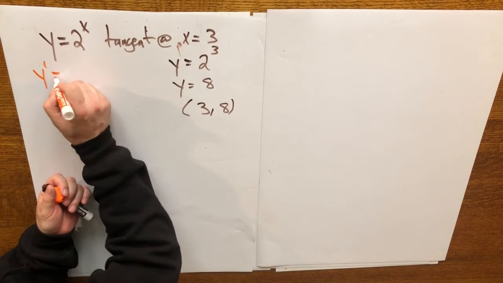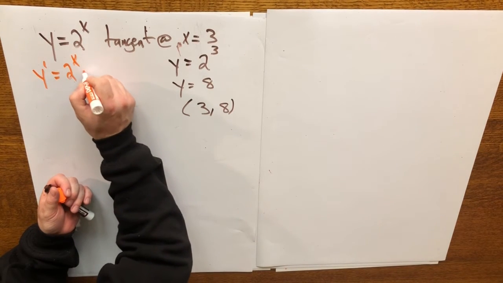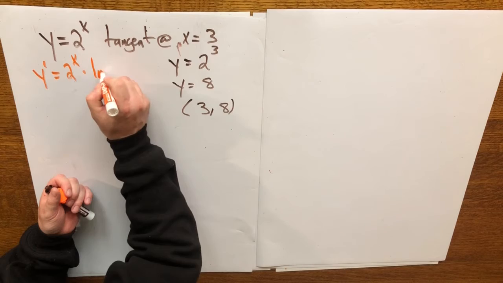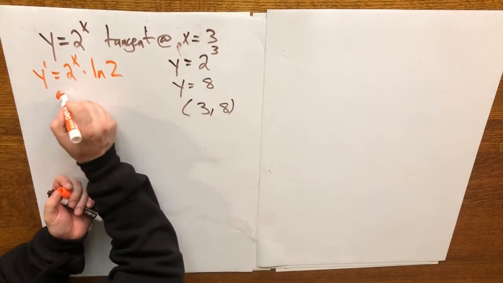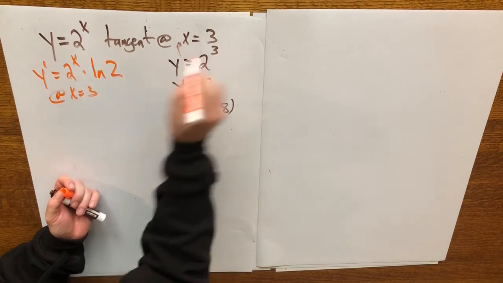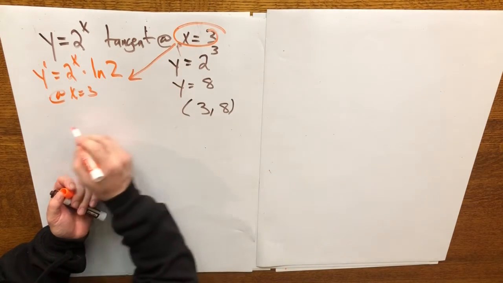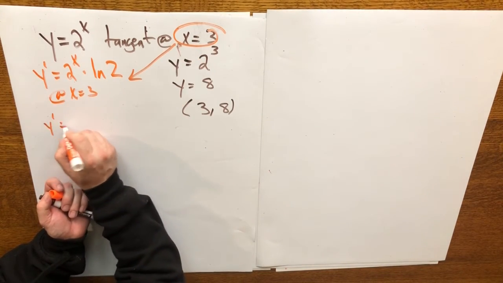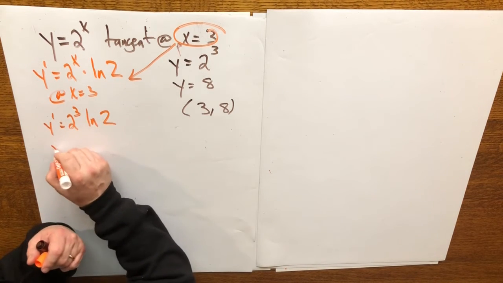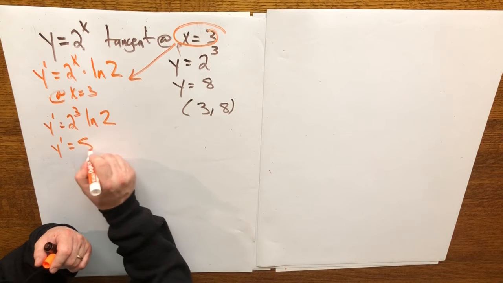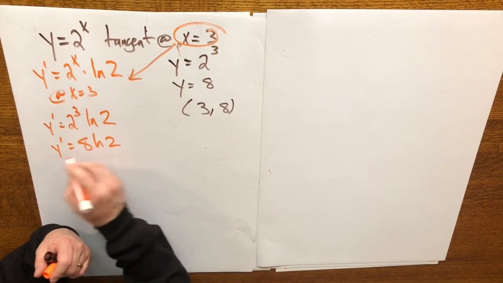Y prime, we get 2 to the x times the ln of 2. At x equals 3, we would get y prime equals 2 to the 3 ln 2. So y prime equals 8 ln 2.